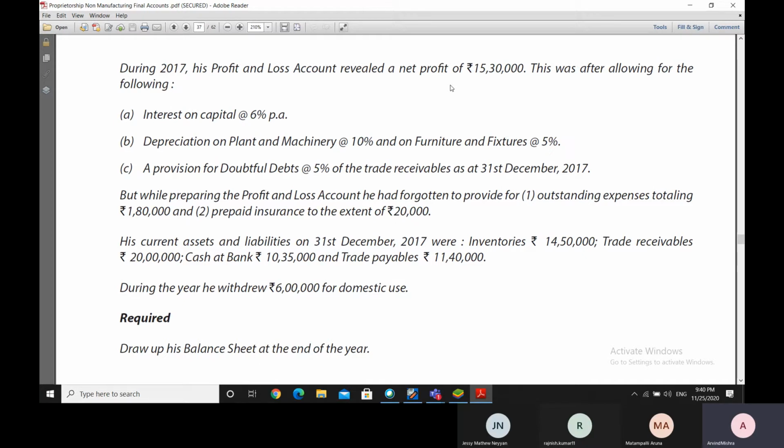So out of the total capital, part of the capital gets invested into the assets, and certain liabilities are incurred which get paid during the course of the business, and these liabilities may also lead to formation of assets.